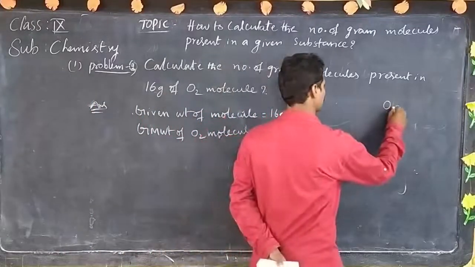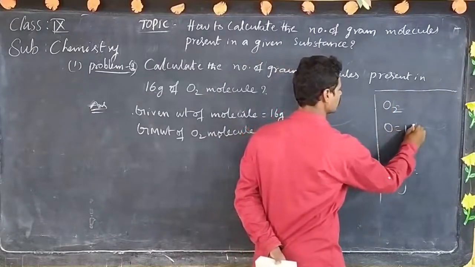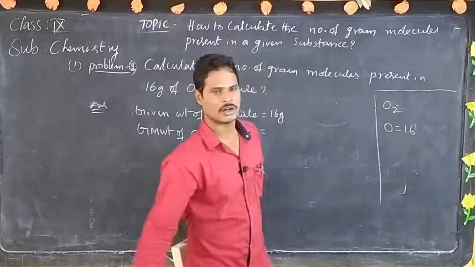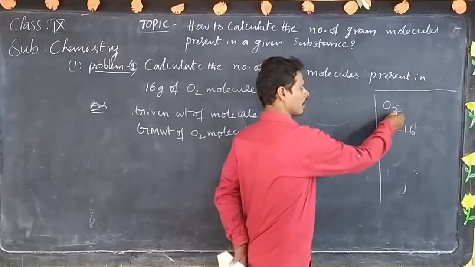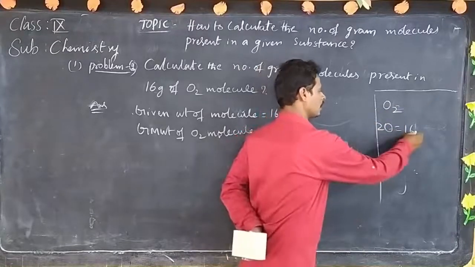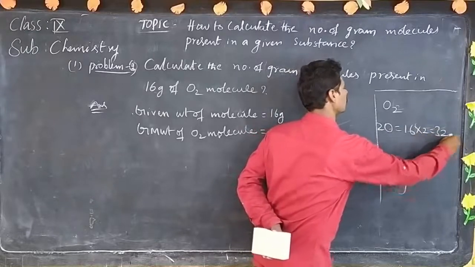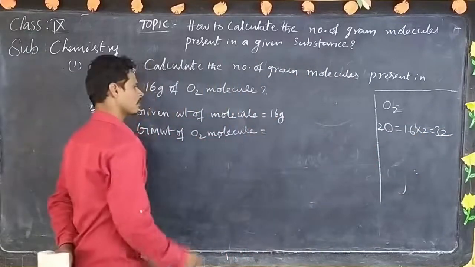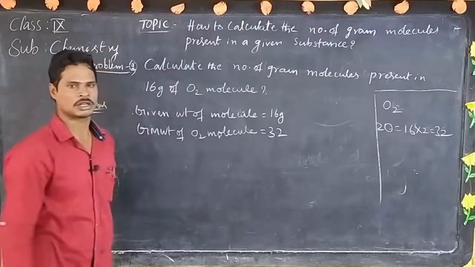Now we can calculate the molecular weight of oxygen molecule. Oxygen atomic weight is how much? 16. Here how many oxygens are there? 2 oxygens. So 1 oxygen equal to 16, 2 oxygens equal to 16 into 2 equal to 32 grams. That means molecular weight of O2 molecule equal to 32.